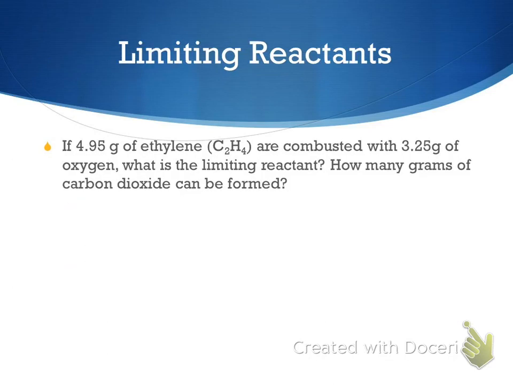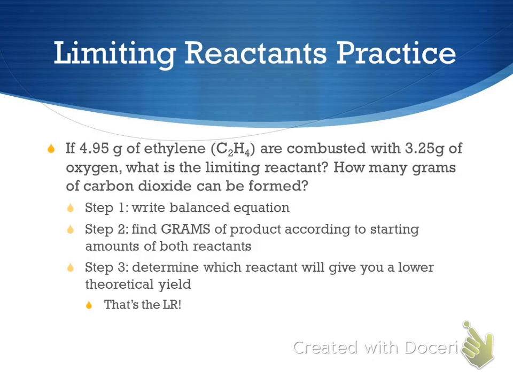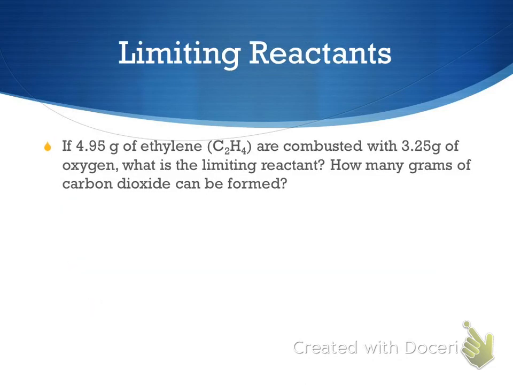Okay, let's try this one. If this many grams of ethylene are combusted, we'll write the balanced reaction together. If it's combusted, what does that mean our other reactant needs to be? Our products are carbon dioxide, but our other reactant has to be oxygen gas.